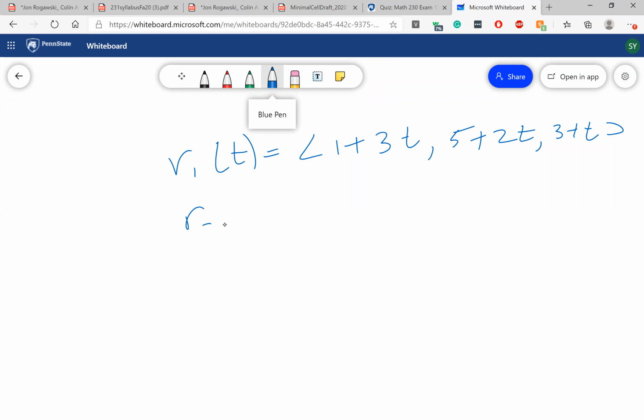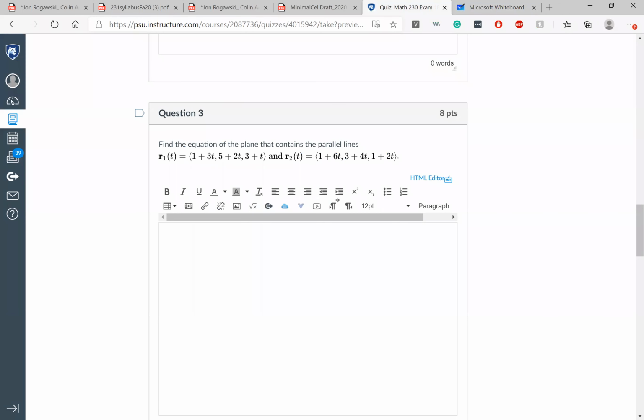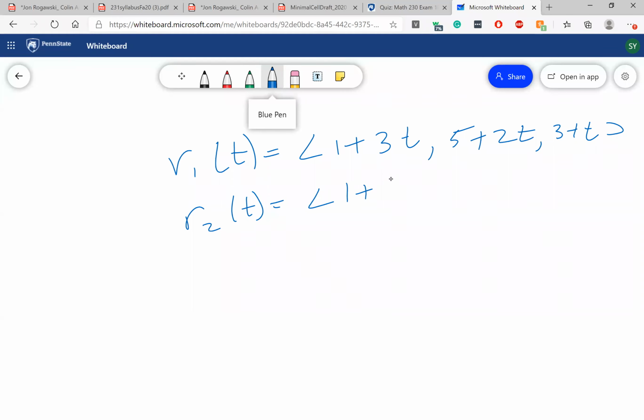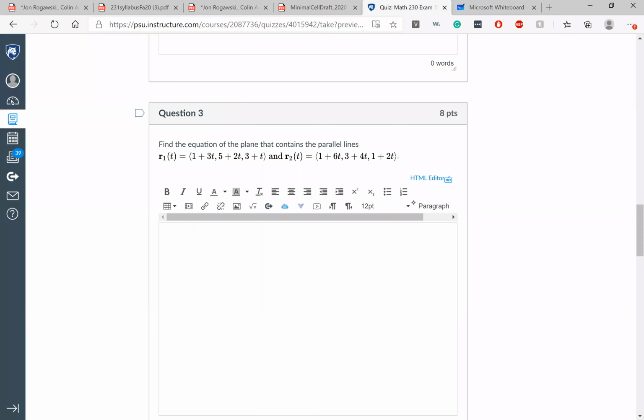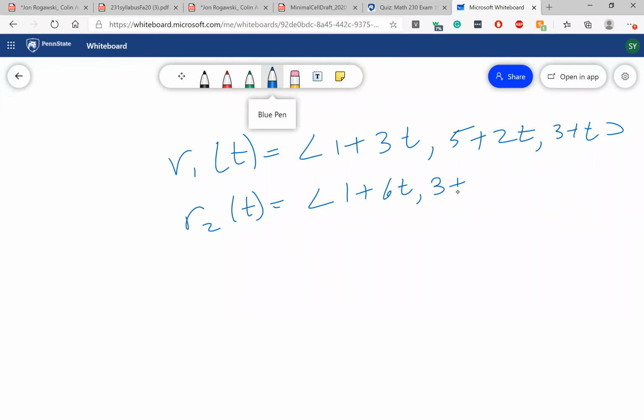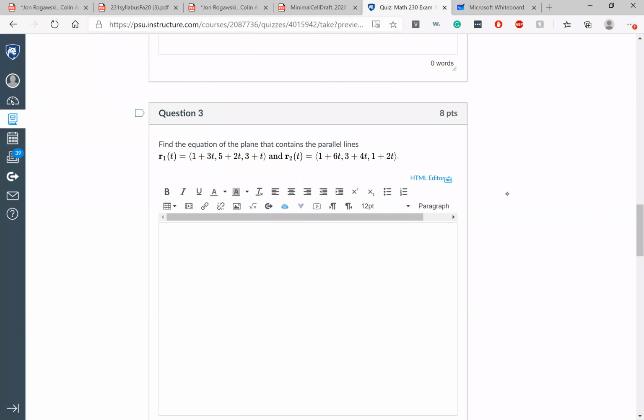And for r2 of t, we're going to have 1 plus 6t, 3 plus 4t, and 1 plus 2t.